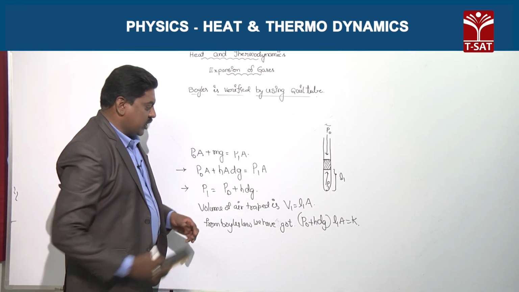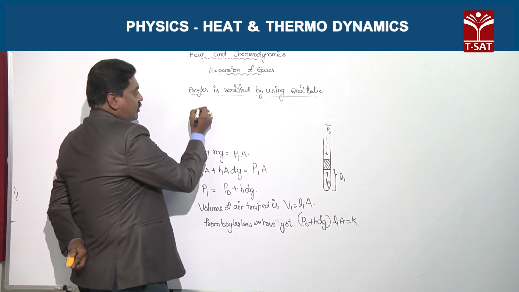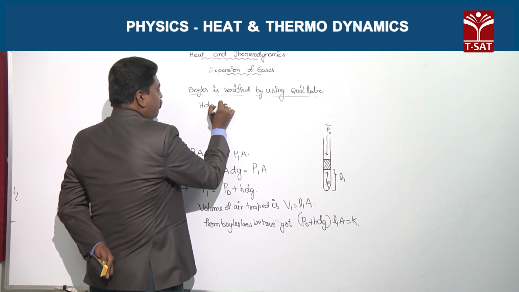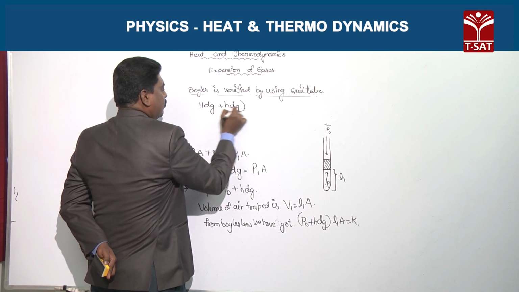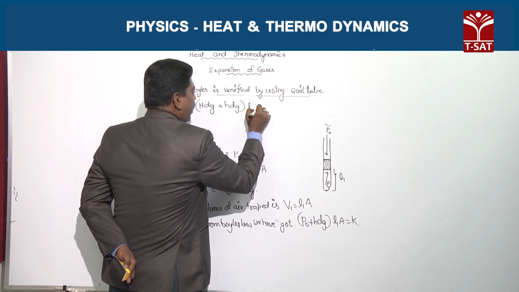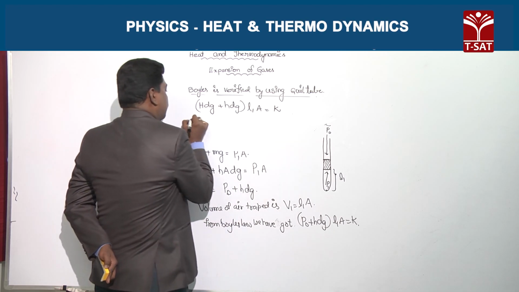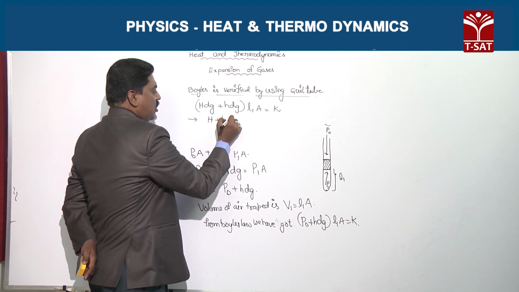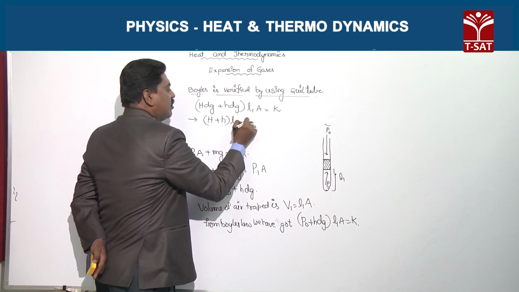The last equation can also be given as H plus h, with H d g, into L1A is equal to constant. From this I can write it as H plus h into L1 is equal to constant.